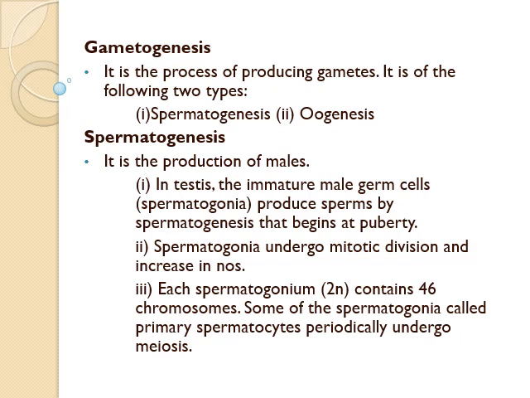Here also each spermatogonium consists of 46 chromosomes. Some of the spermatogonia are considered primary spermatocytes. These spermatocytes periodically undergo meiotic division or reduction division. Here also the number of chromosomes is reduced to half.